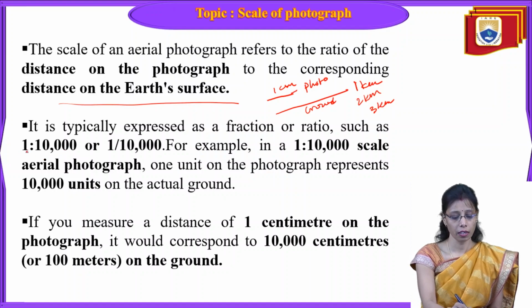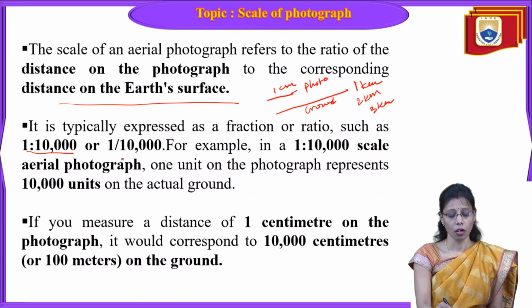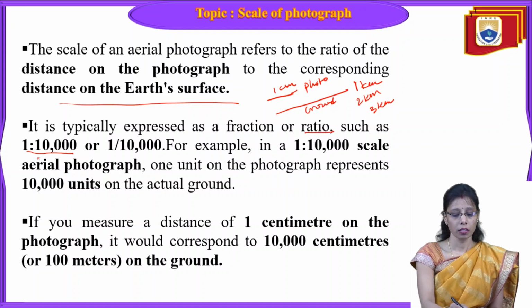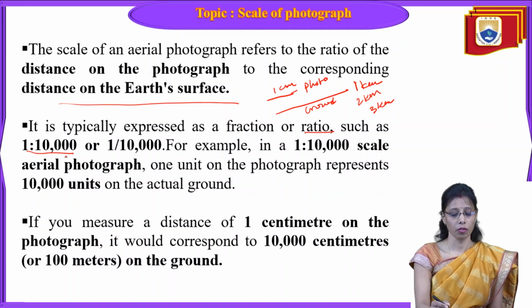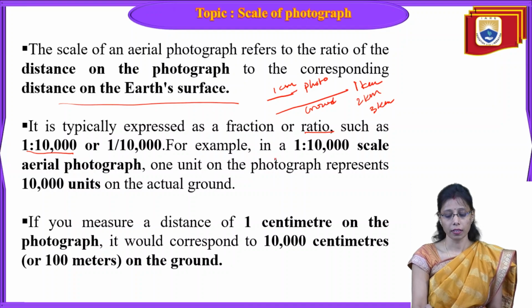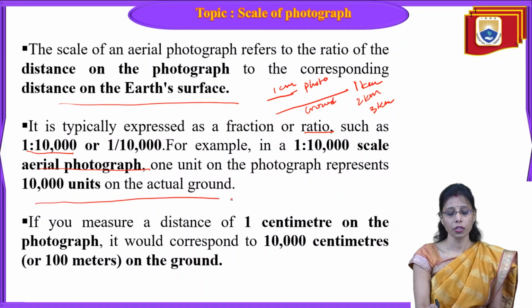This is one example we have given here, 1:10,000 or 1/10,000. So as a ratio, the scale is determined as 1:10,000, or if we tell it as a fraction, 1/10,000. For example, in a 1:10,000 scale aerial photograph, 1 unit on the photograph represents 10,000 units on the actual ground.